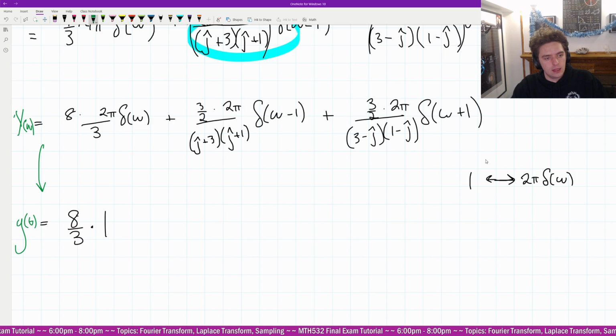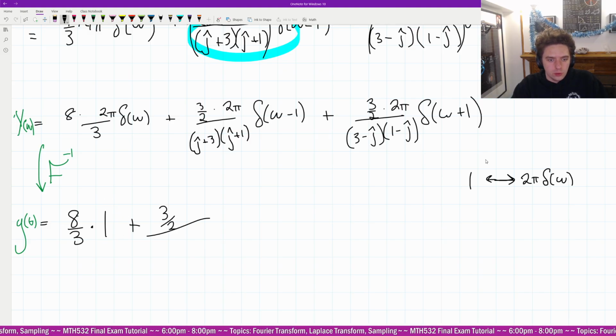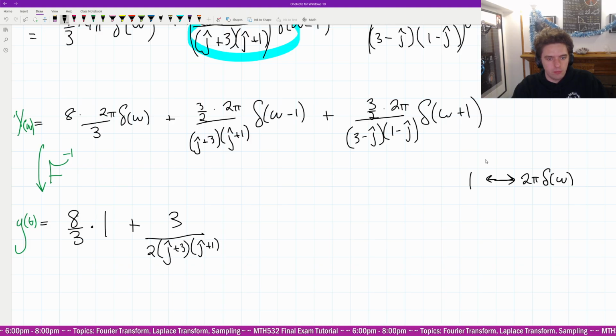So inverse Laplace of this is 1, right? So I put a 1 here. Then we're going to add 3 over 2, 3 over 2 j plus 3 j plus 1. Inverse Laplace of delta is still 1, but I have a shift.